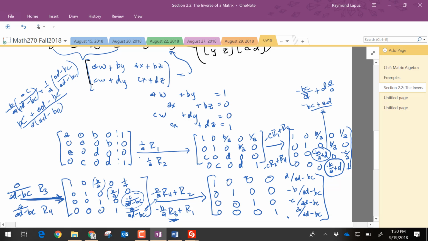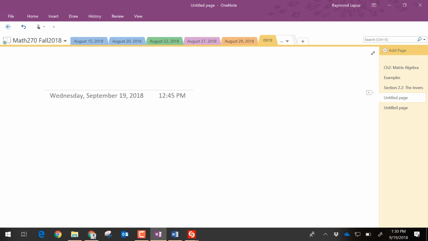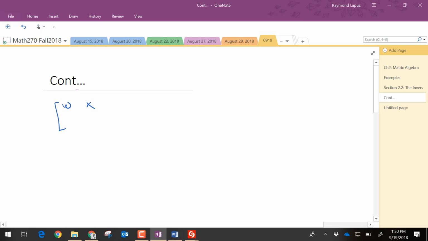So what does that mean? That means our first variable here is W, our second variable is X, our third variable is Y, and our last variable is Z. So it would be D, negative B, negative C, and A. So it looks like W, X, Y, Z will equal D over AD minus BC, negative C over AD minus BC, negative B over AD minus BC, and then A over AD minus BC.